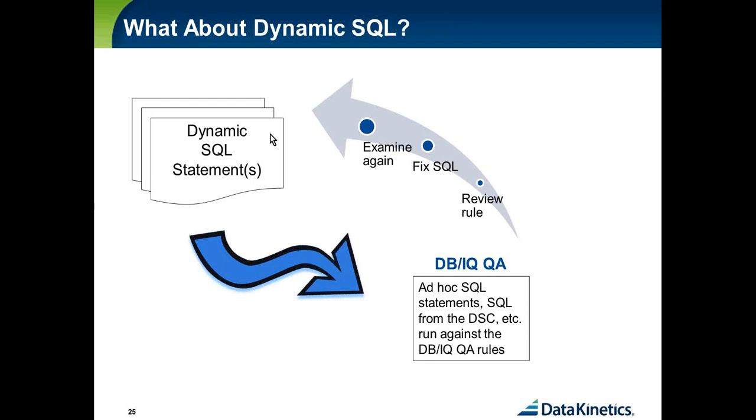Or you can grab the information from the dynamic SQL cache and run that through QA. Anywhere you can get the dynamic SQL from, you can apply the QA rules to it, which will allow you to review what's happened, fix the SQL, and examine it again for compliance.